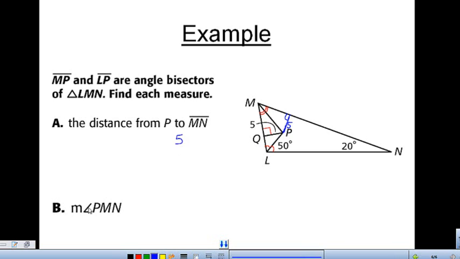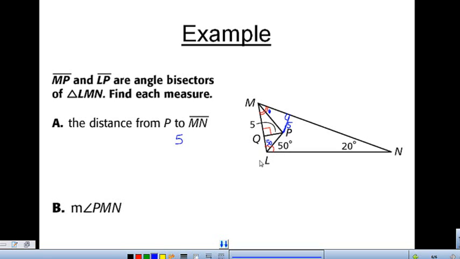Question B, find the measure of angle PMN. So they're wanting us to find this angle right in here. Well, let's take a look at the other angles of the triangle and see if that can help us figure it out. I know this angle is 20 degrees. I know half of this angle is 50. If half of it is 50, this other half should be 50.